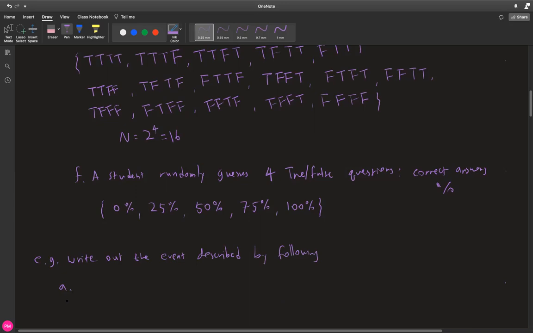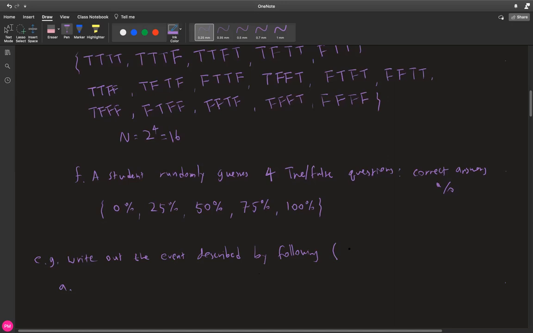Actually, that's not a very good start. Because the event is a subset of a sample space, we have to denote the sample space first.